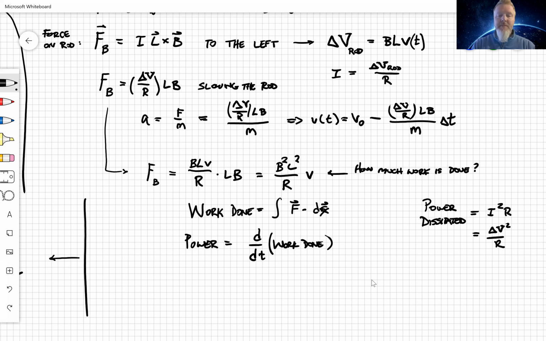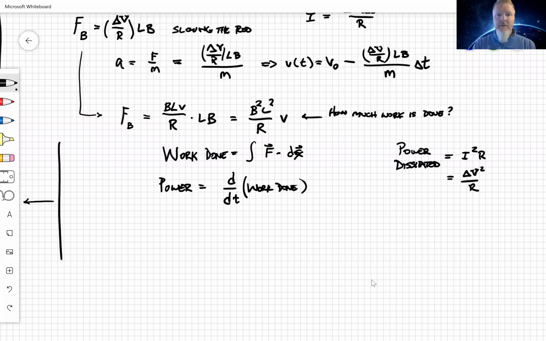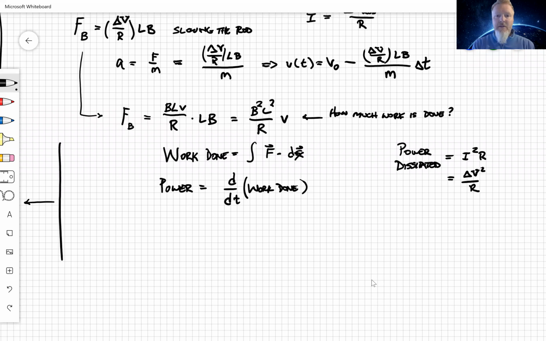Right? So the work done is that integral right there. And if I take d by dt of that, essentially what that means is I can take the integral, a little bit of a cheat here, but I can take the derivative and just slide it through onto the dx here so that it looks like f dot v.